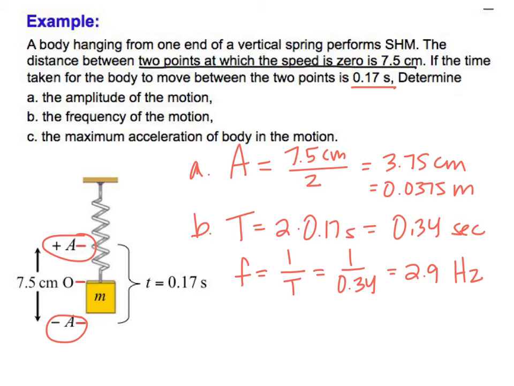The maximum acceleration of the object is just a pure calculation. So we'd found by looking at the sine and cosine functions how this term capital A omega squared kept showing up in front of the acceleration, the sine or cosine. That represents our maximum value of acceleration.